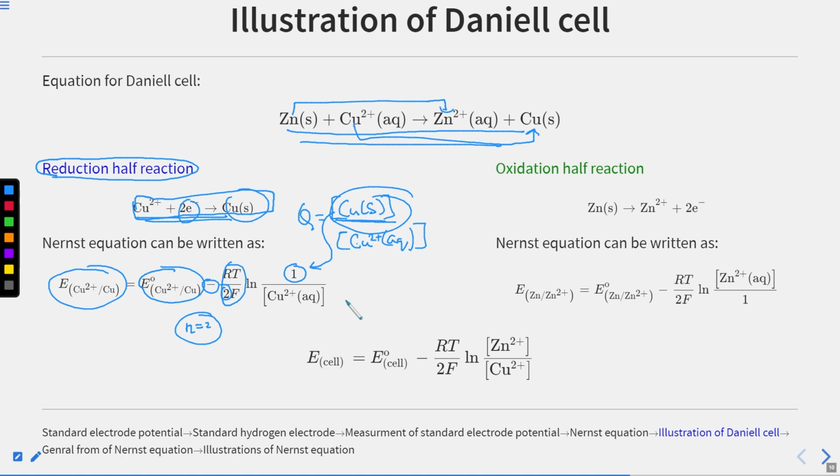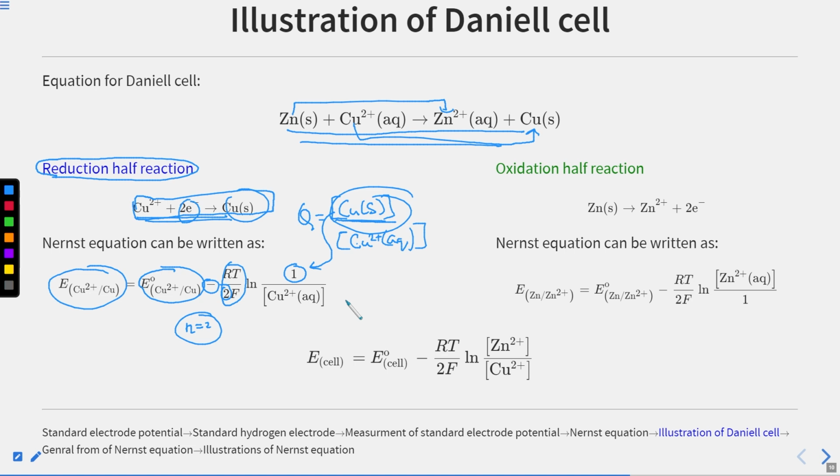Just imagine it in your mind. What is the formula of molarity? It is the number of moles present in one unit volume of the solution. Suppose X moles are present, and we have only that metal, not a solution. So its concentration will be 1.